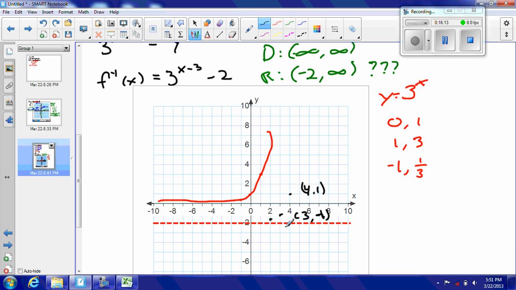And this point here looks like 2, negative 1 2/3. And my exponential graph is going to look just about like that.